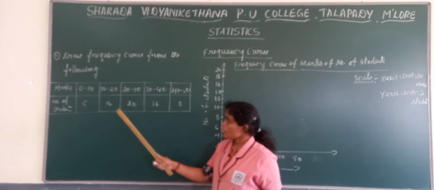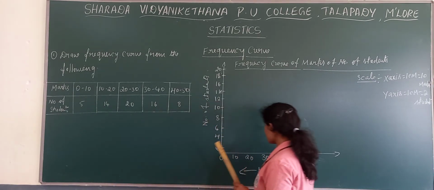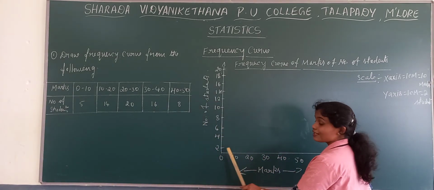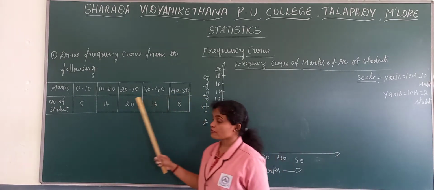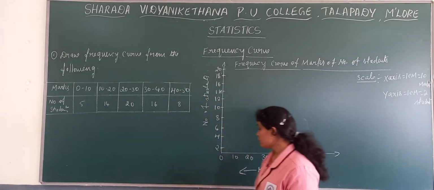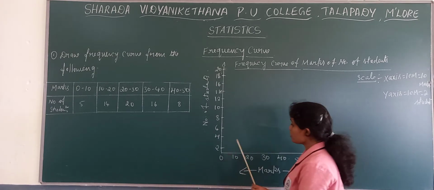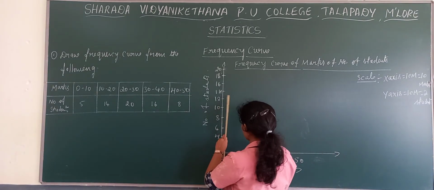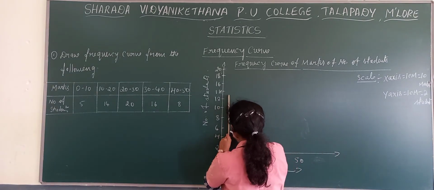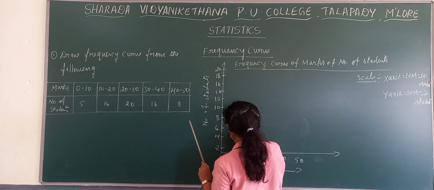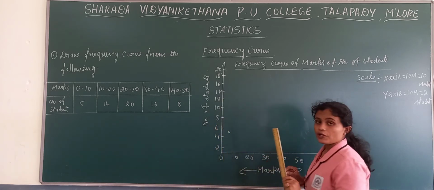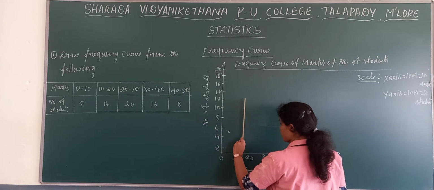Now see there, 0 to 10. What is the value? Where do we need to represent it? If it is a continuous frequency distribution, as I said, we need to represent the mid value. For 0 to 10, this is the midpoint, and the value is 5. Then 10 to 20, that is 14, the mid value.